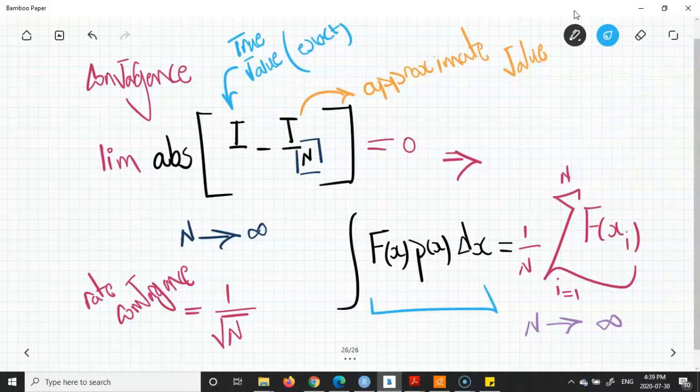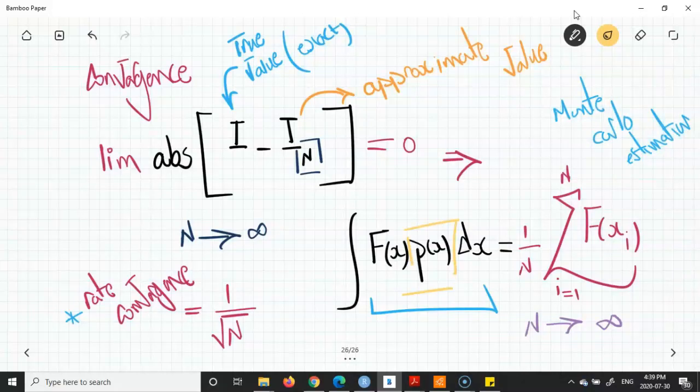Essentially, that's what we call the Monte Carlo estimation. We talked about the convergence rate of this method, which is proportional to the inverse of the square root of the number of samples which you have decided to pick and extract from the population, from the distribution density that you have designed here.